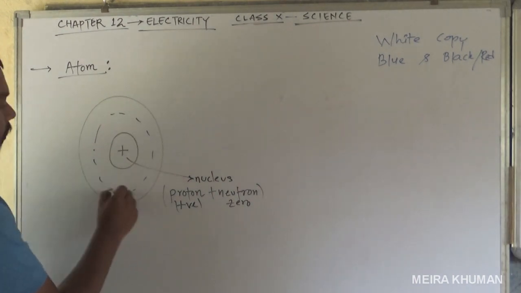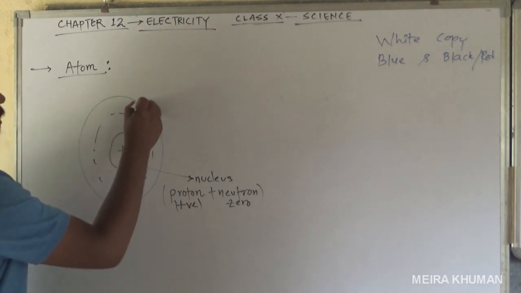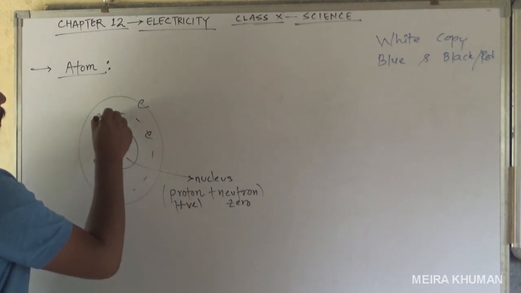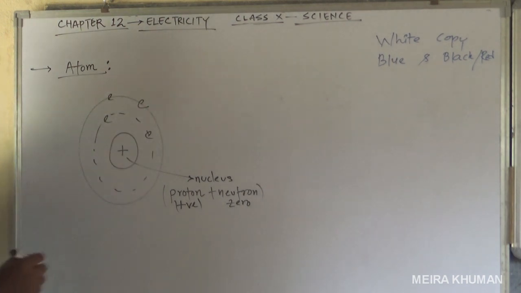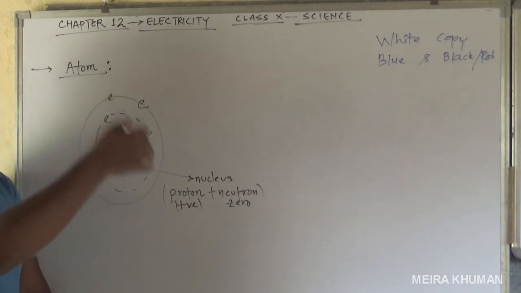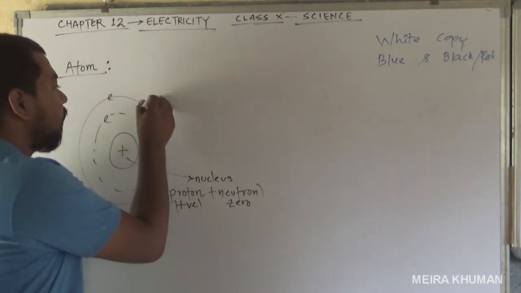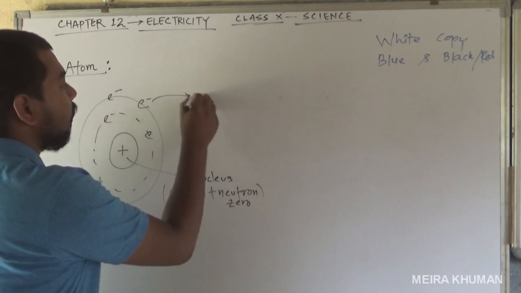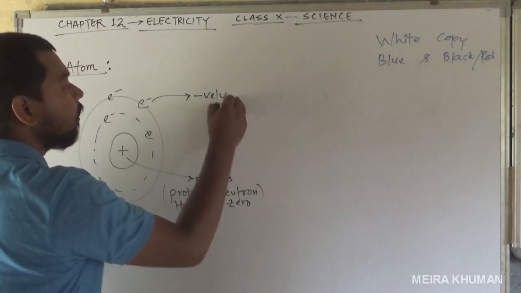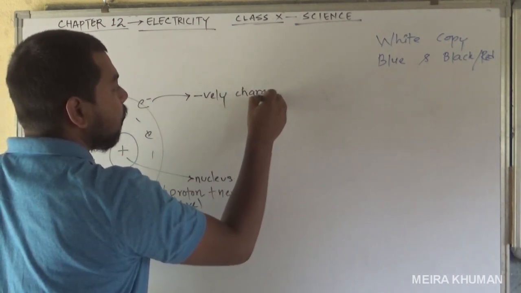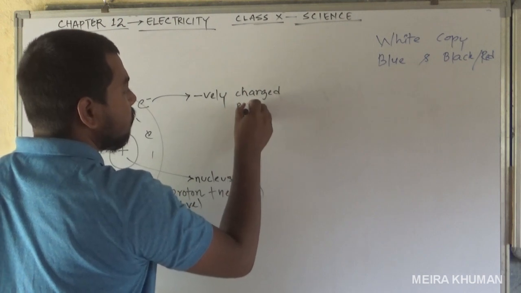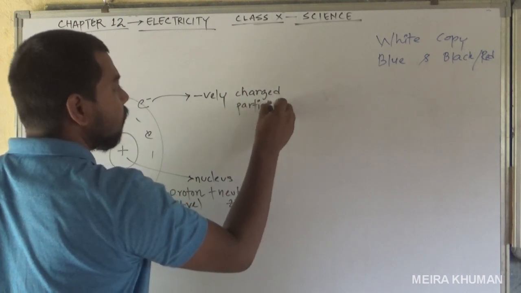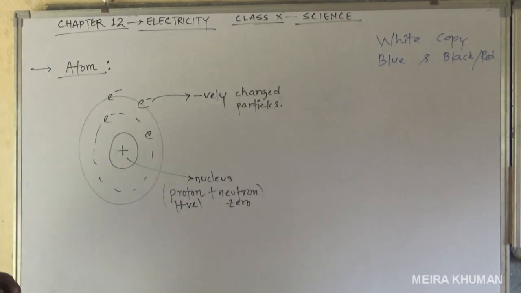Now thereafter, these are the orbitals, the shells, over which there will be some electrons. These electrons move around the nucleus. Now these electrons are negatively charged particles. Clear that much?